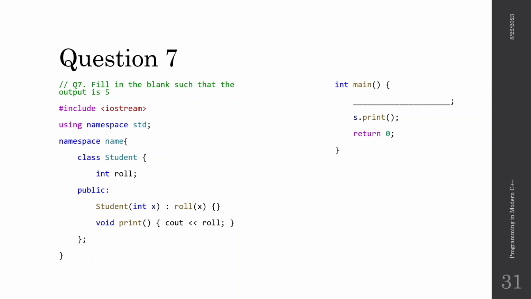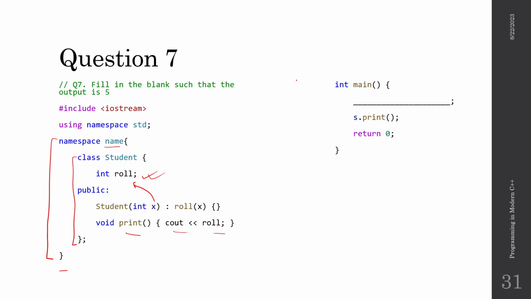Okay, so in this question we have declared a namespace called name, and inside this namespace we have a class called student with a private data member called roll number. Then we have a constructor which sets the value of roll number, roll equal to x, and a print method which prints the value of the roll number.